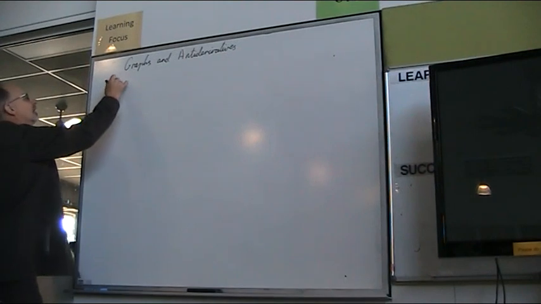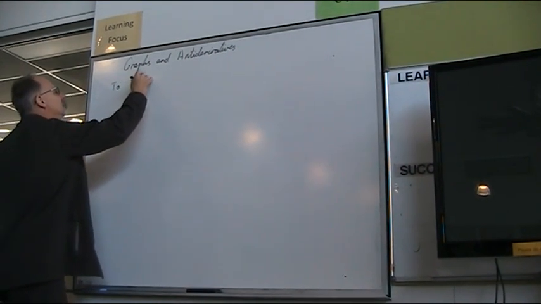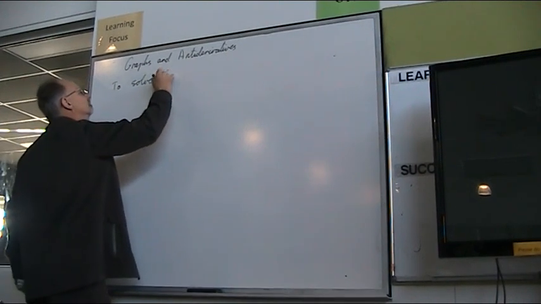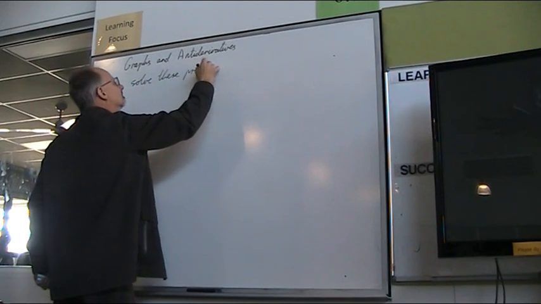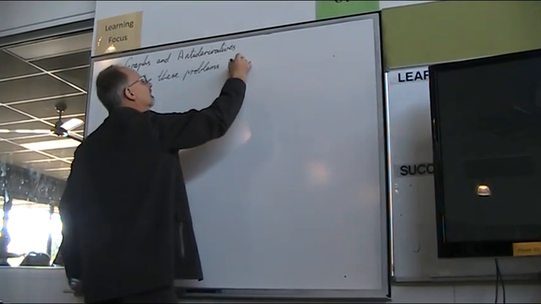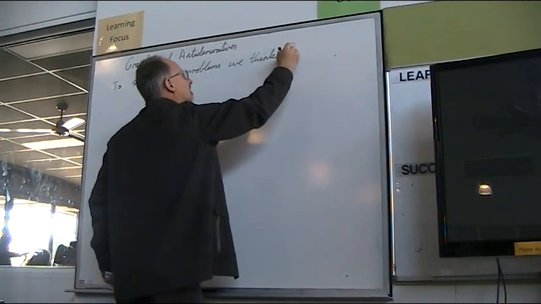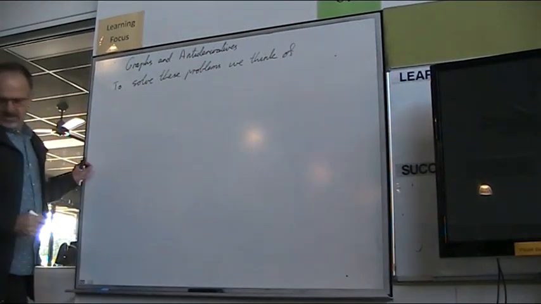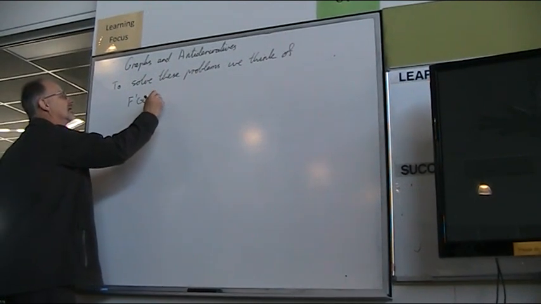Right, so to solve these problems, we think of big F dash is equal to little f.